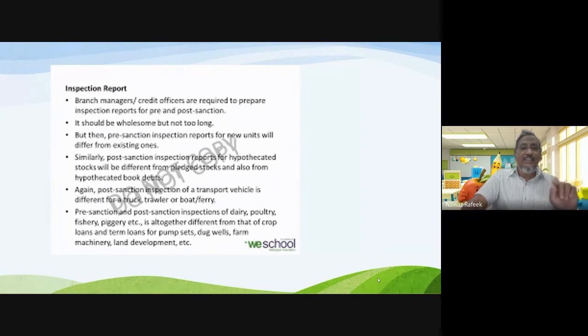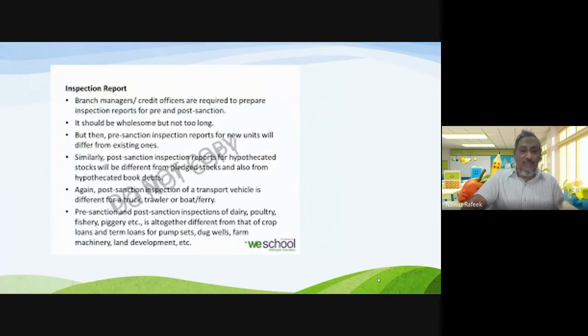Similarly, post-sanction inspection reports for hypothecated stocks will be different from those for pledged stocks and hypothecated book debts. Right? Post-sanction, I told you earlier, what is different: pledged stocks and mortgaged stocks. They are different.